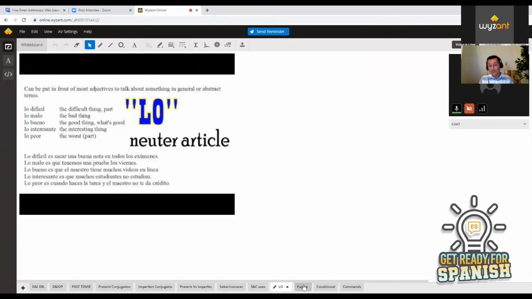I forgot to mention this, but the preterite tense is probably the hardest tense you are going to learn, not just this year, but ever in Spanish. So that's good news. Once you master the preterite tense, every other tense is going to be easy peasy. It's going to be very, very simple because the preterite is the hardest.